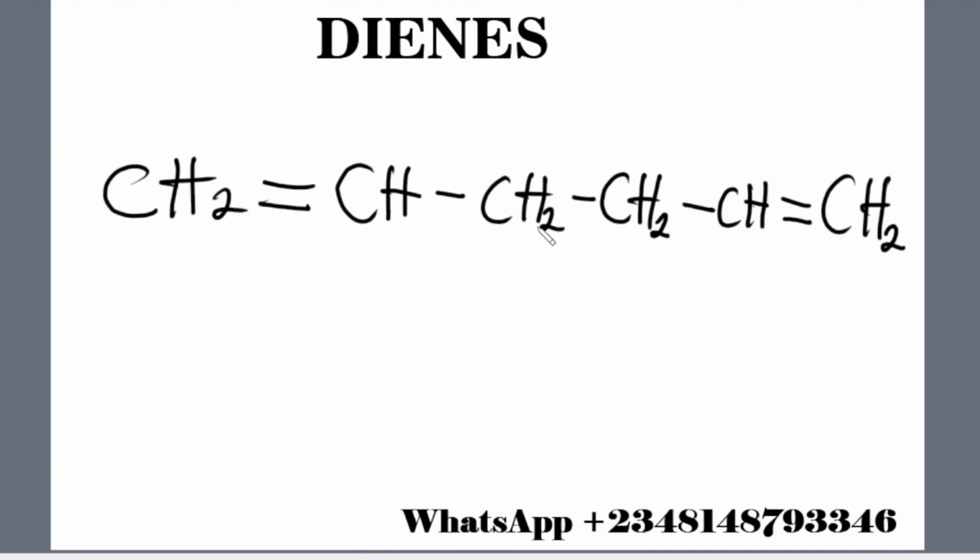We have a double bond here, a single bond, another single bond, and a third single bond in between two double bonds. So that is why it is an isolated diene. Now, the name of this structure is 1,5-hexadiene.